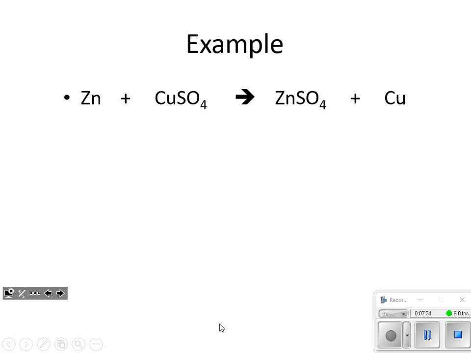I want you to take a minute to assign oxidation numbers for the elements, start and finish. That's the first thing we have to do in order to determine if there was a change that occurred. As you're finishing this up, not everything has to change.